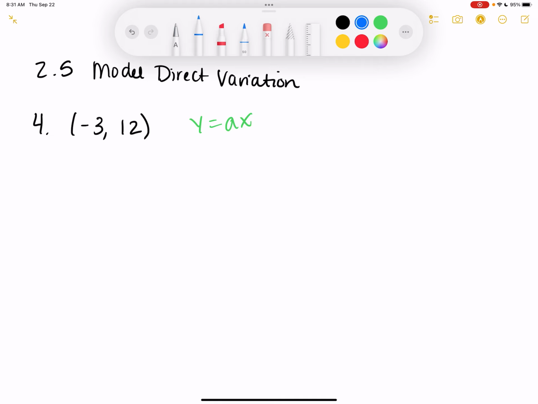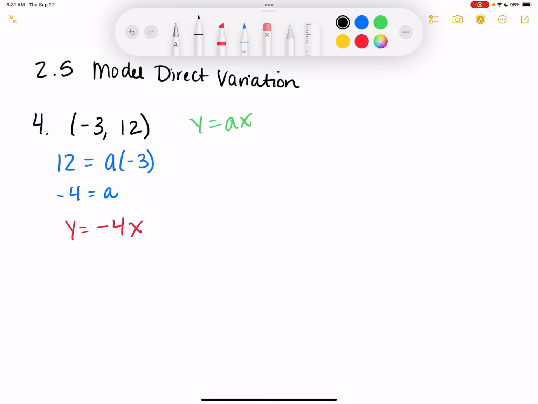So we're going to have 12 equals a times -3. So then -4 is equal to a. And then our equation rewritten would be y equals -4x. So that would be your direct variation equation.